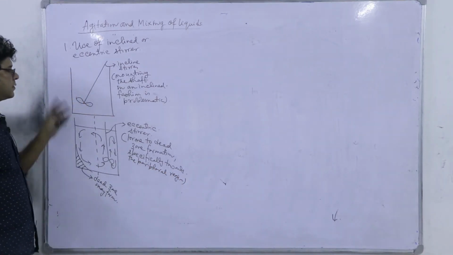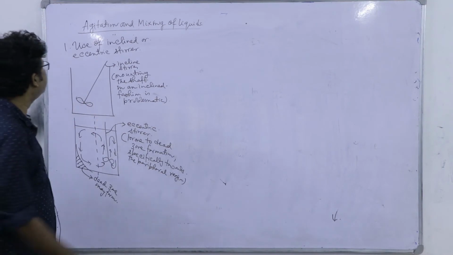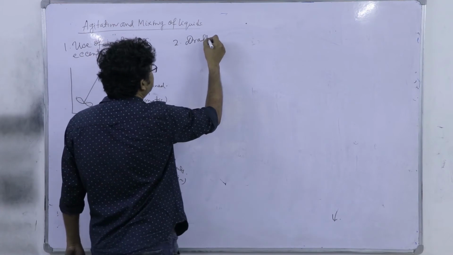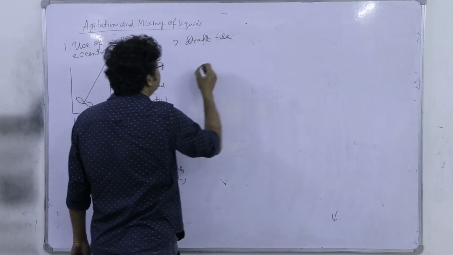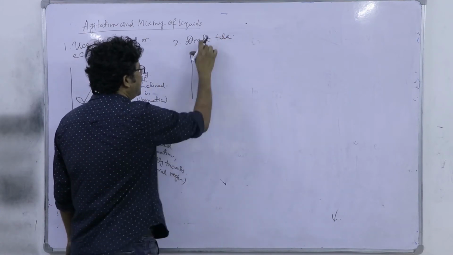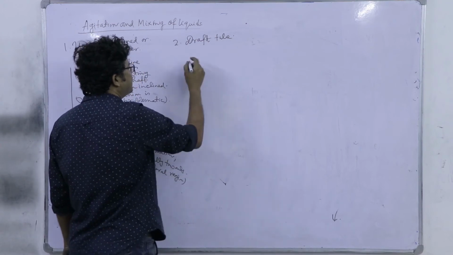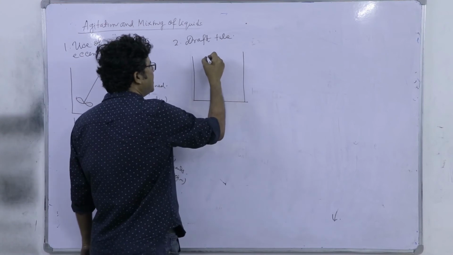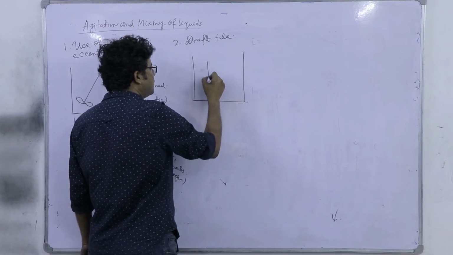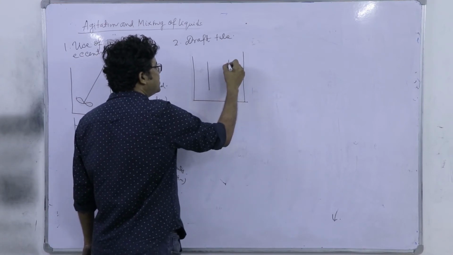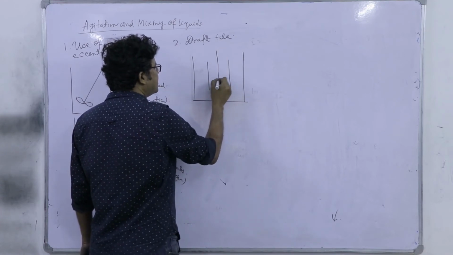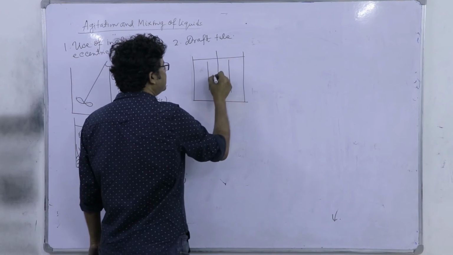So this problem can be solved if I use a draft tube. This simply partitions the flow domain into two. Like if it is a propeller type impeller, we can put a tube here, it is called a draft tube, and put the propeller somewhere inside the draft tube.